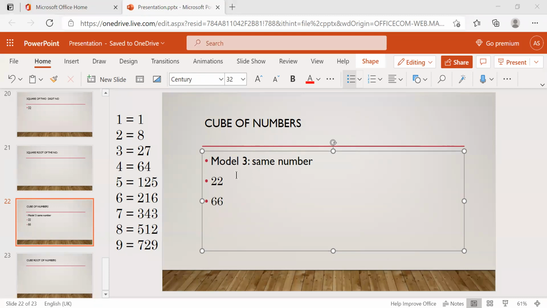So whatever the given number is, if the two digits are same and they ask to find the cube, 22 whole cube is nothing but, just take any one number. 2 is a 2, both are same, right? Take 2 cube, what is it? 2 cube 8, again 8, again 8, again 8.